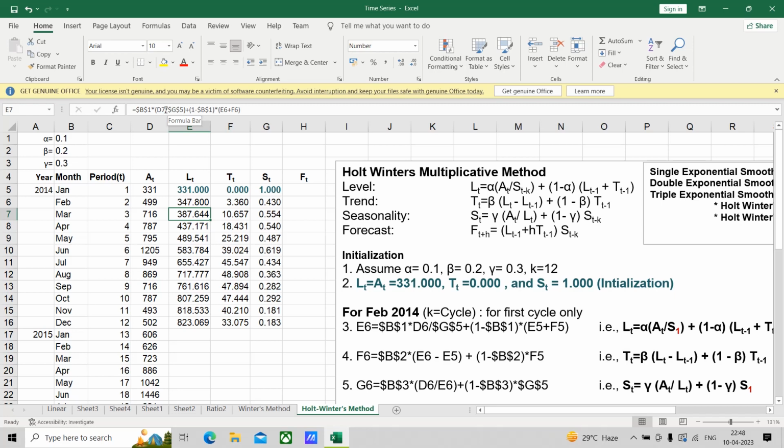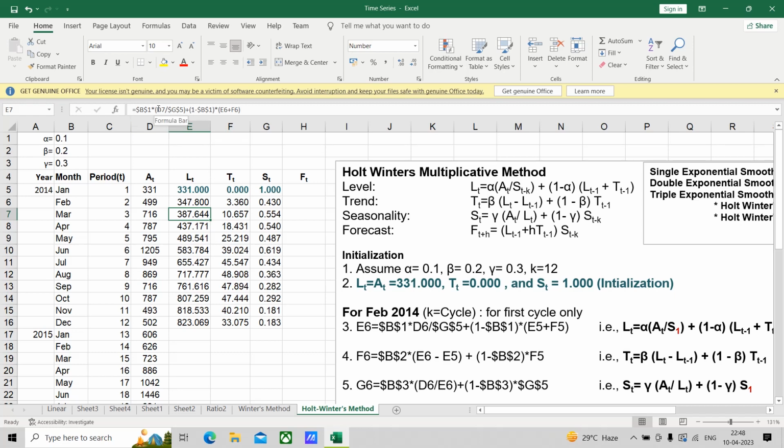Without dollar, the formula is a relative formula, D7. If you have any problem in relative addressing or absolute addressing, then you can see the Excel concept to know what is the meaning of absolute addressing and relative addressing.